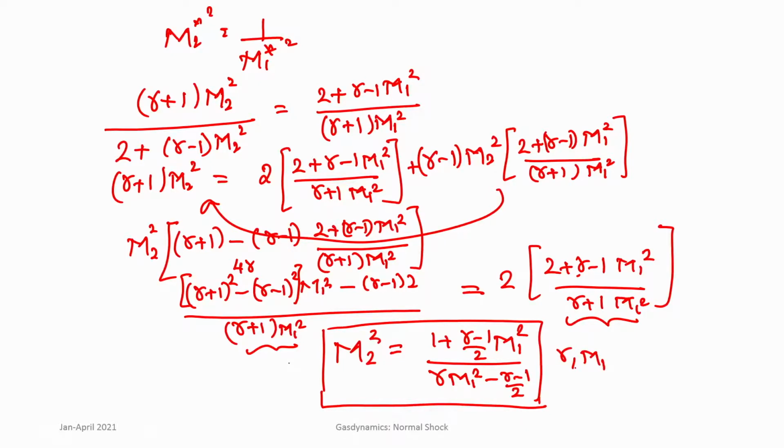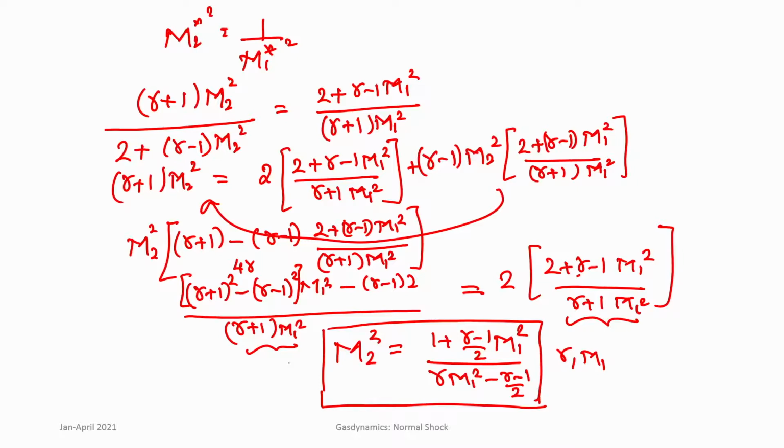So now when we look at all other shock relations, what we will observe is that all the properties across the shock can be written only in terms of the upstream Mach number and gamma. For the conditions that we are taking, which is calorically perfect gas, gamma is a constant.